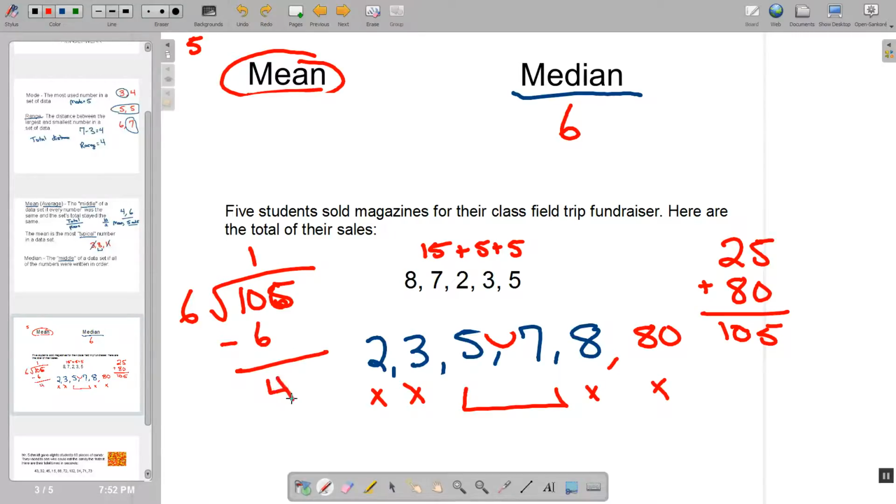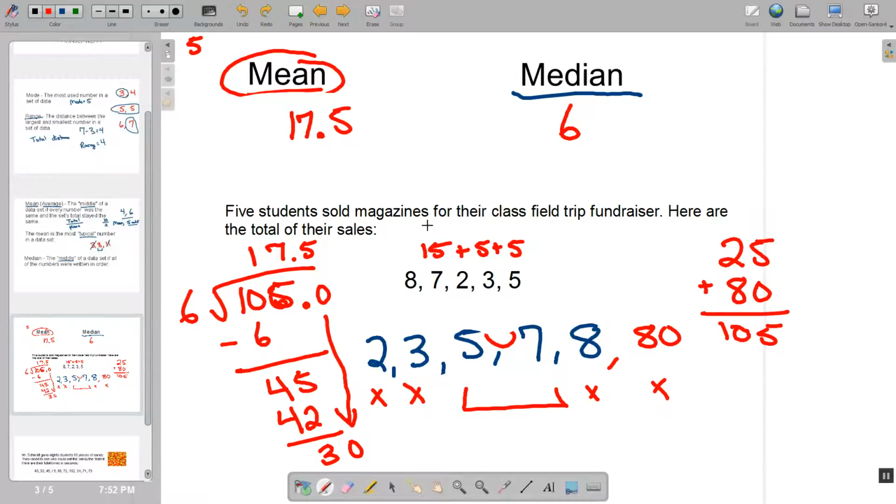So this turns into 45. And if we're trying to do 45 divided by 6, the closest multiple would be 7. So this ends up being 42. Well, now we have a remainder, so let's add a decimal here. And we're going to divide 30 divided by 6 is 5. So that means the mean changed to 17.5.